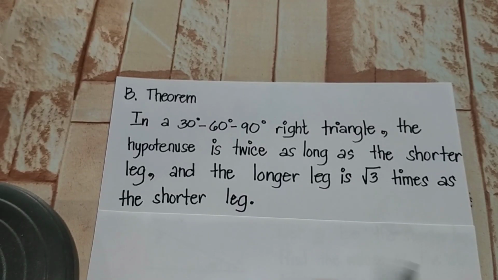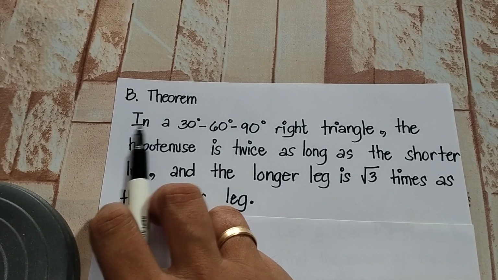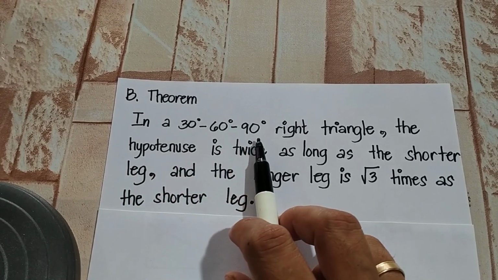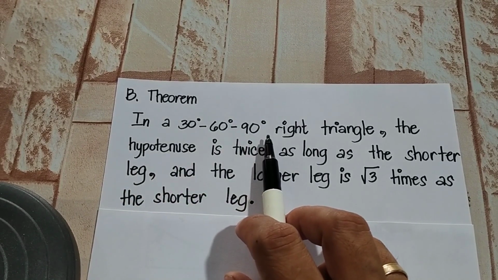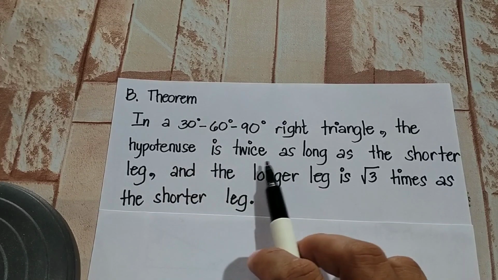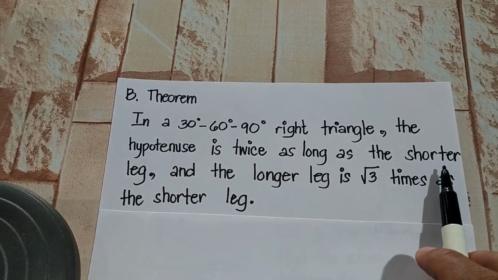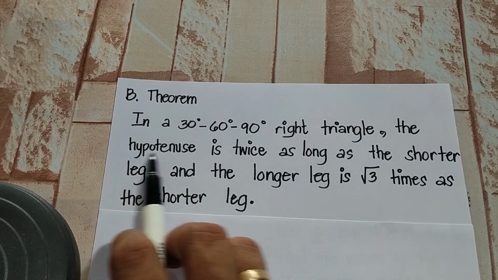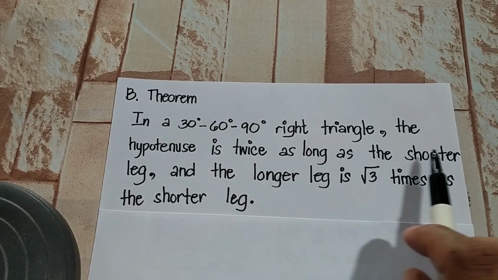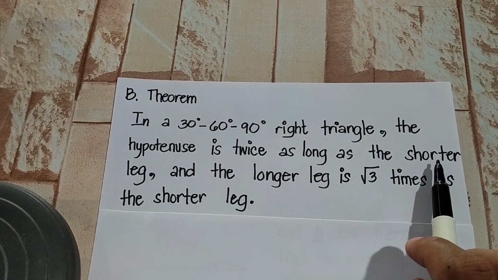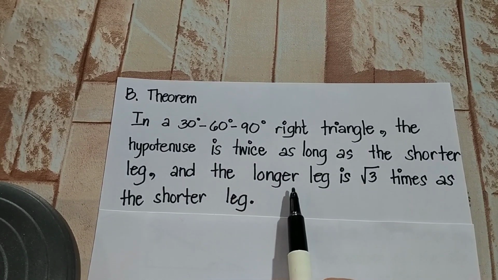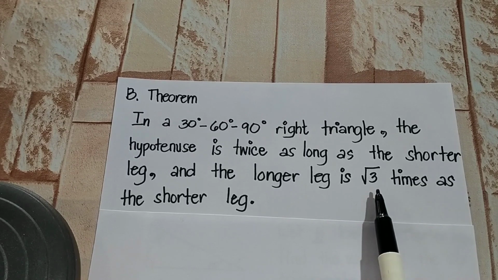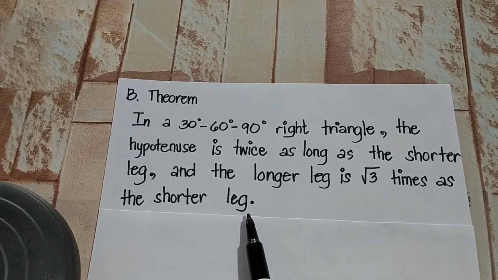Moving on to the second theorem stating that in a 30, 60, 90 degrees right triangle, the hypotenuse is twice as long as the shorter leg. And of course, the longer leg is square root of 3 times the shorter leg.